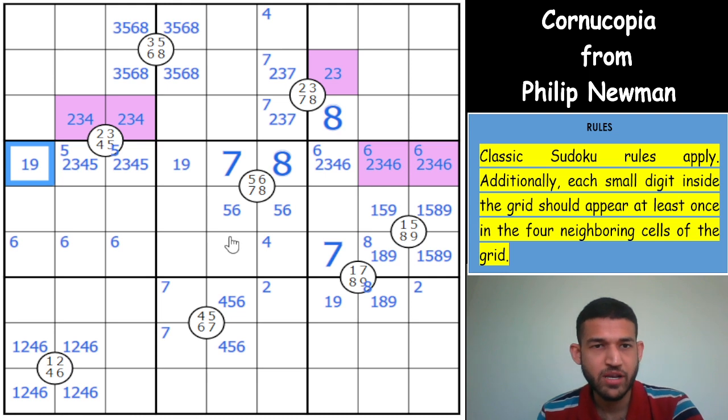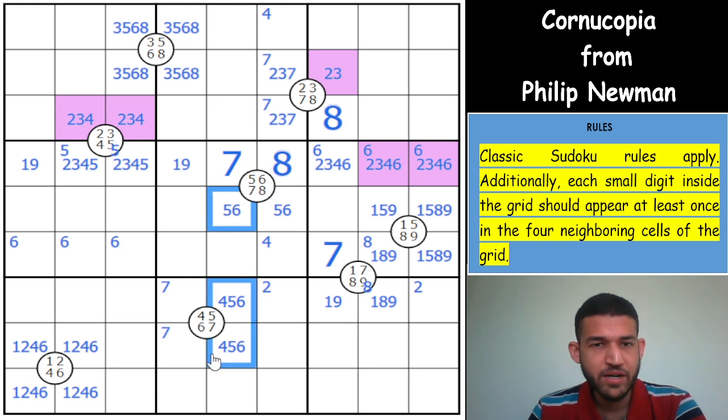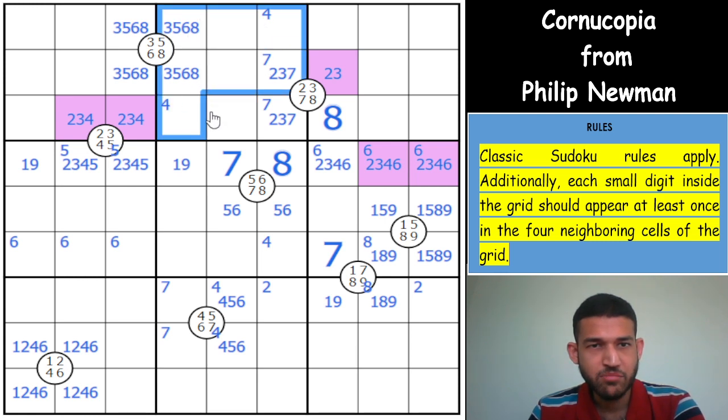So that becomes 1 9, and you have 4 5 6 triplet in here. So 4 goes in here, and that removes the 4 from this area. So 4 goes in either this cell or this cell as far as this box is concerned.